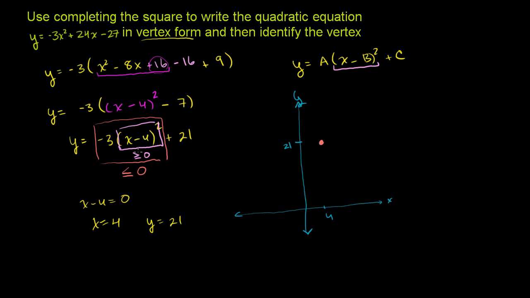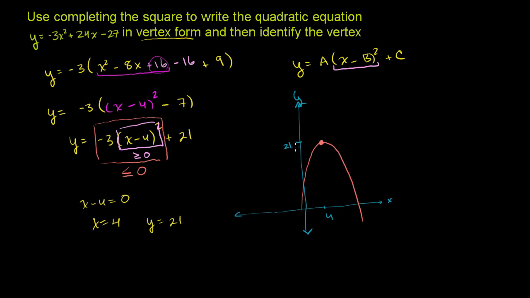It can only go down from there, because if you shift the x around 4, then this expression will become non-zero. When you square it, it'll become positive. When you multiply it by negative 3, it'll become negative. So you're going to take a negative number plus 21. It'll be less than 21. So your parabola is going to look like this.